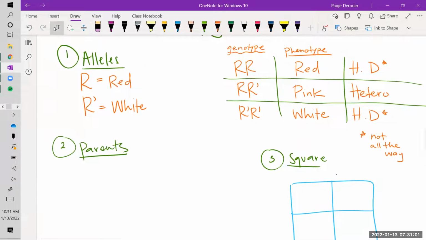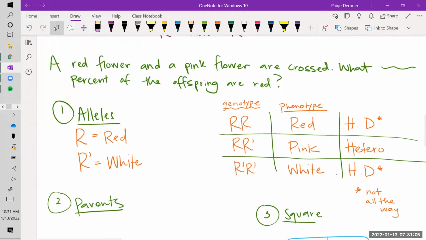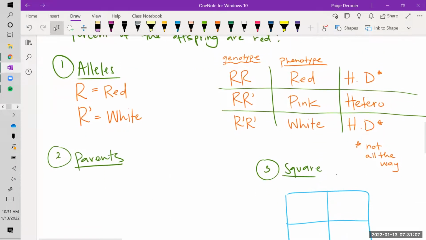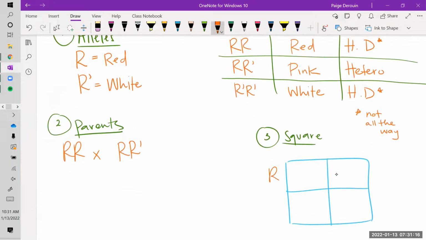Okay, and then to get your parents, you need to go back to the problem. So red flower and pink flower. 2 R's, R prime, fill her in, R prime, R. It's like therapy, guys. It's so nice.